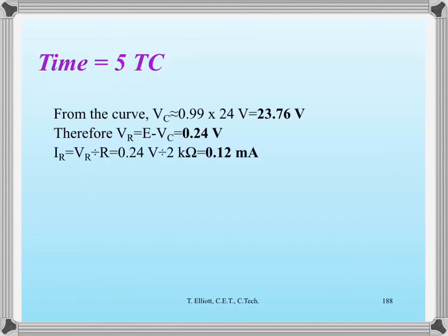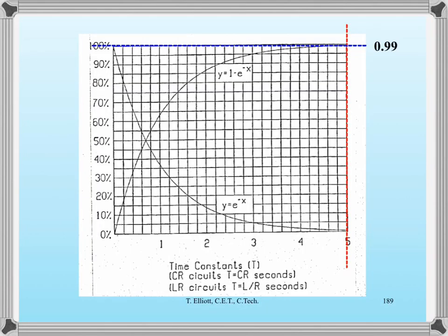Now at 5 time constants, the capacitor by the graph is about 99% charged. You can just say the capacitor voltage is 24 volts, and by standard convention, it's assumed that a capacitor is fully charged or fully discharged after 5 time constants. Now, in actual fact, this voltage won't actually reach 24.